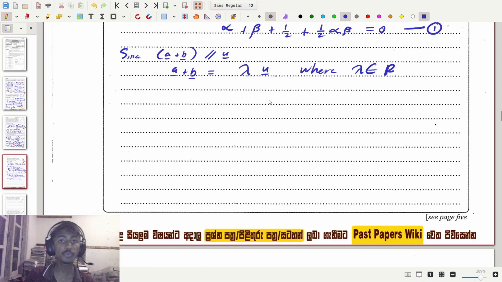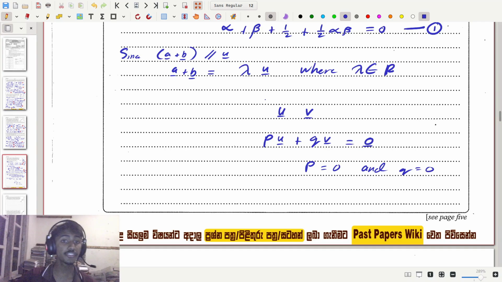Now, using this, what we can do is use the fact that if you have any two vectors, let's say u vector and v vector, that are not parallel to each other, then p times u vector plus q times v vector being equal to the null vector means that p and q are both equal to 0.